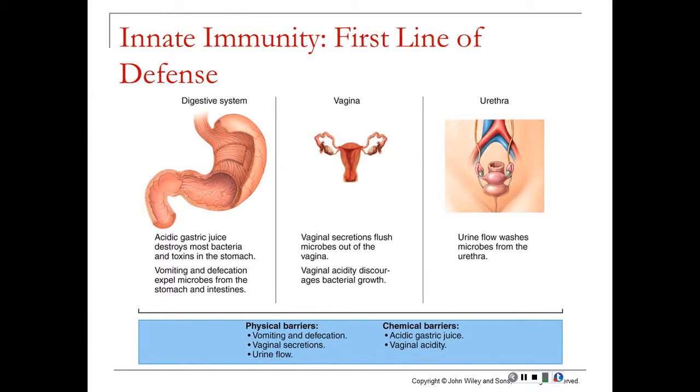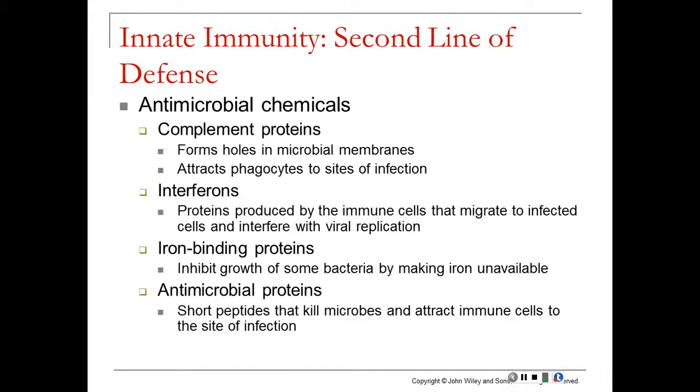Within the digestive system are those acidic secretions. There's also the reflexes of vomiting and defecation to get rid of microbes from the body. The vagina has that acidic pH to discourage bacterial growth, and urine flowing down the urethra helps to wash microbes away. So again, here we have the physical barriers of the secretions, the urine flow, vomiting and defecation, and the chemical barriers of the acidity of the gastric juice and the vagina.